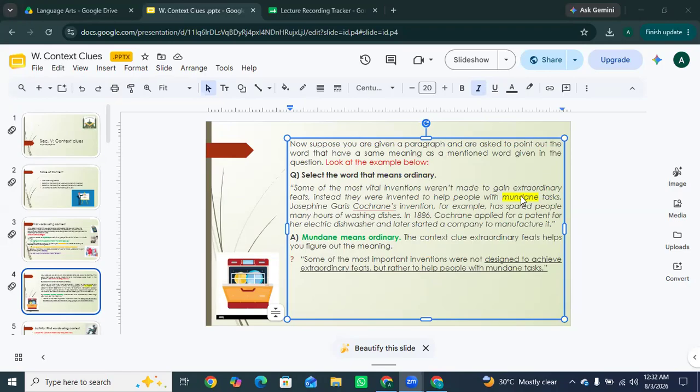Mundane is the correct answer. Why? Because the context clue is "extraordinary feats." Extraordinary means not ordinary, or special. A mundane task is the opposite, like an everyday, boring, or ordinary task like washing dishes.